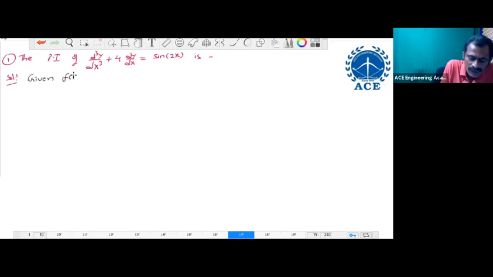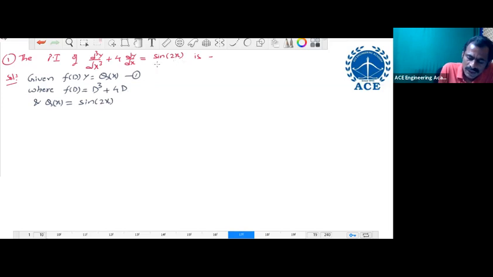Given f of D y equal to Q of x, where f of D equals D cube plus 4D and Q of x equals sine 2x.